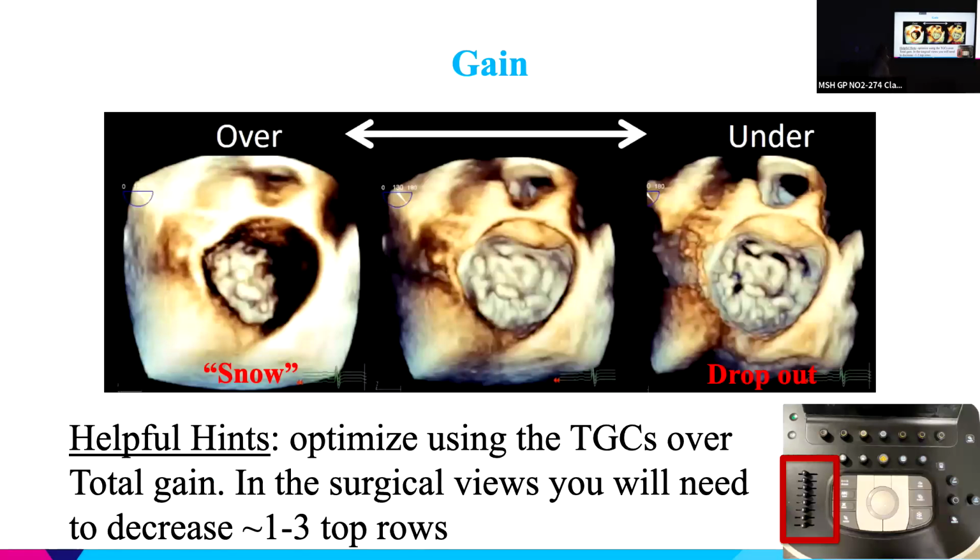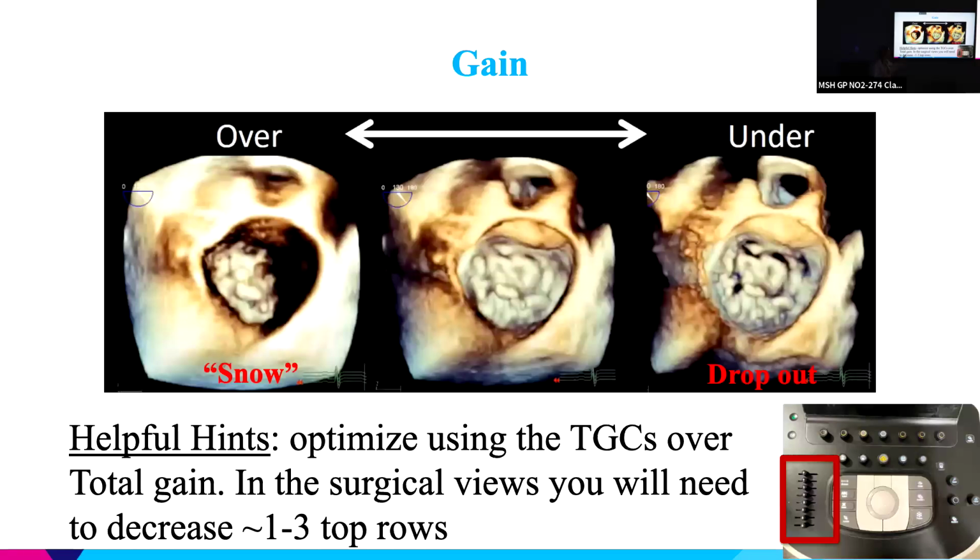How do you know what you're looking at? If it's snowed out, you're overgained. So if it's all white, you're overgained. At that point, you can turn down your total gain, or you can fix your TGCs on the side. And when you're undergained, what will happen is you'll get dropout. You'll start to see clefts that are not there, or you'll start to see holes in tissues, perforations that are not there.